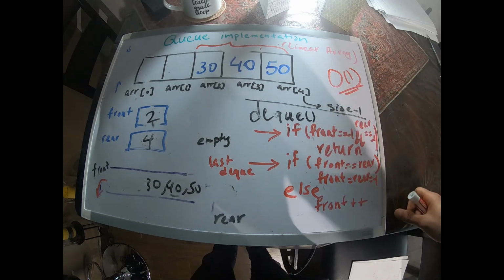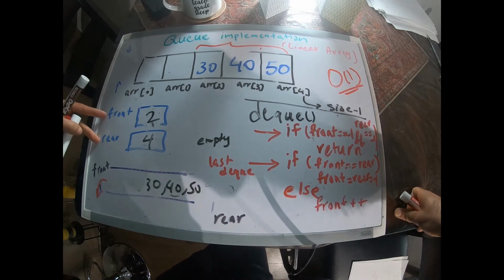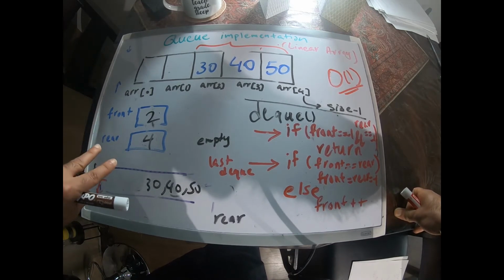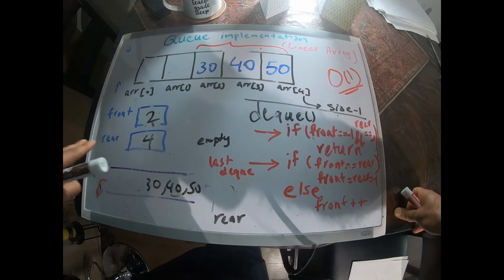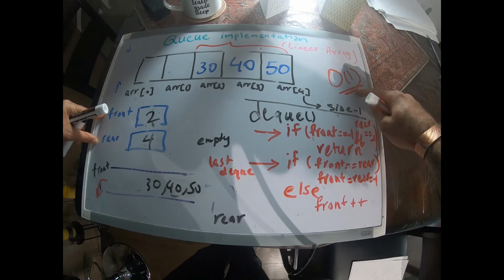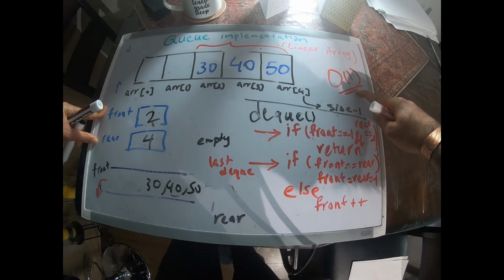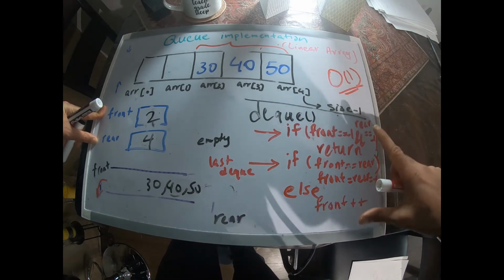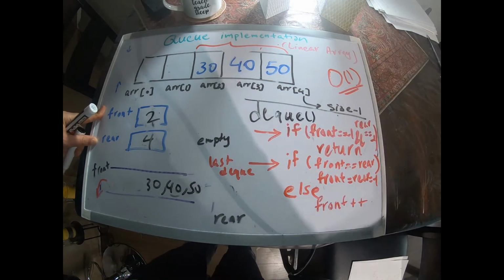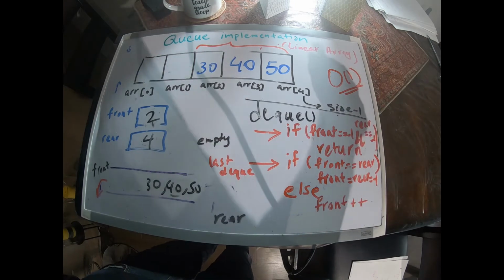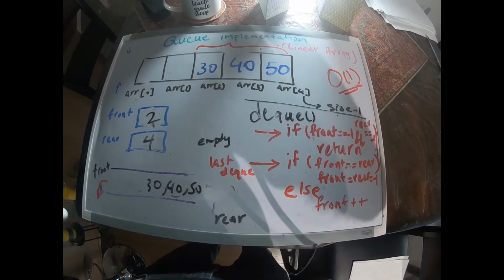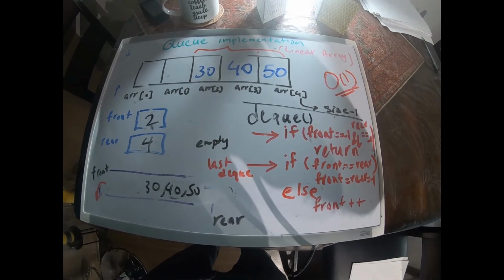That's why we have to have two variables to keep track of both front and rear, and that's why this is going to be big O notation 1. So it's a constant time for NQing, DQing any number into or out of the queue. Okay, so in the next video I'm going to show you how to do circular queue.